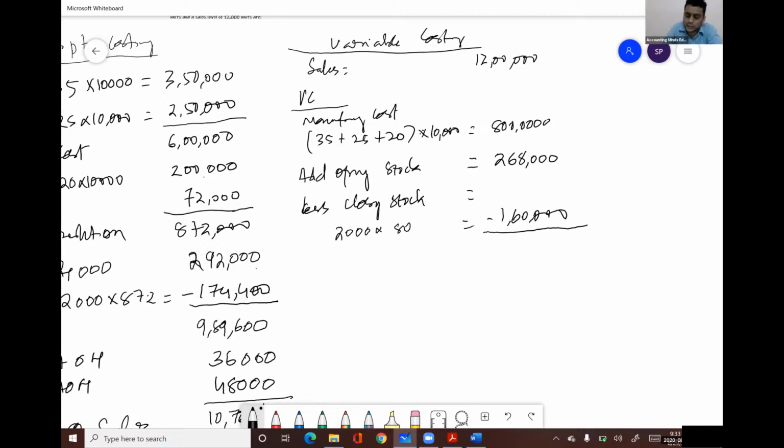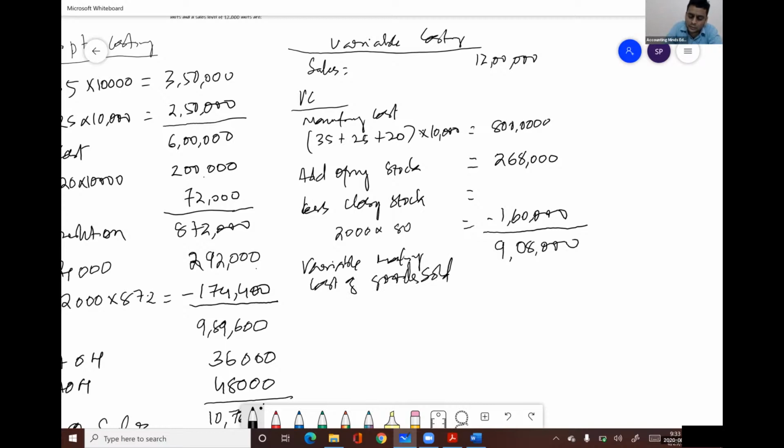So what do you get here? 9 lakh 8,000. That is the variable manufacturing cost of goods sold.